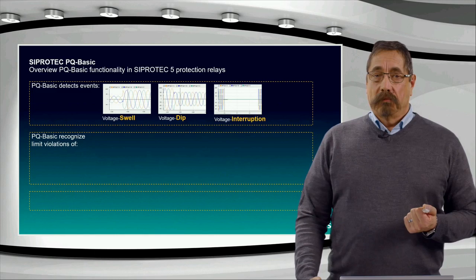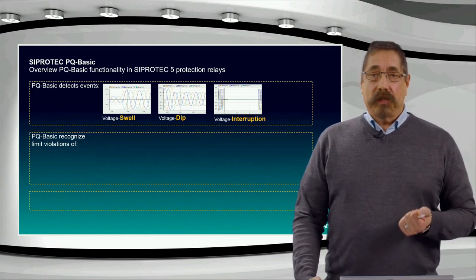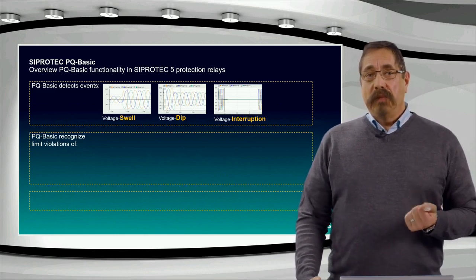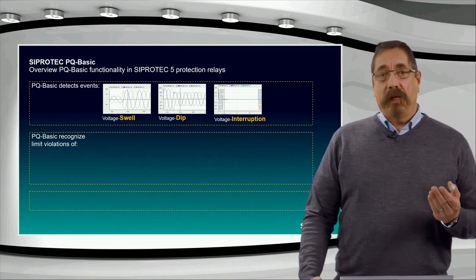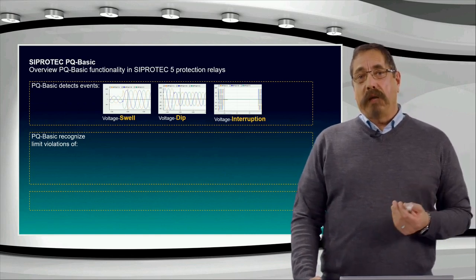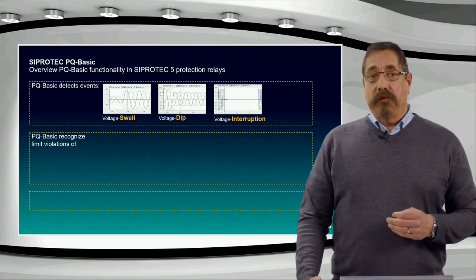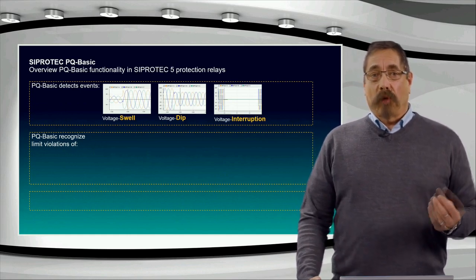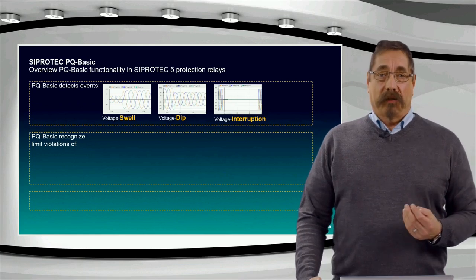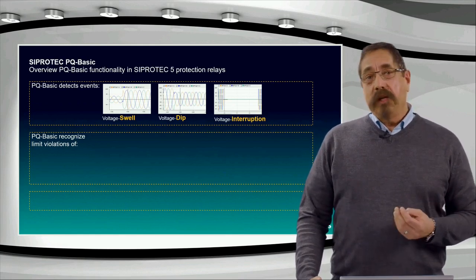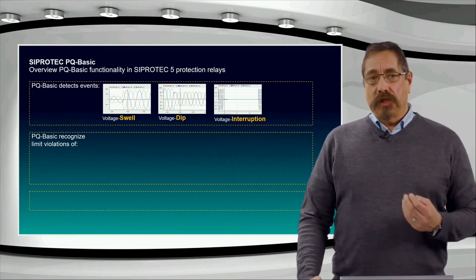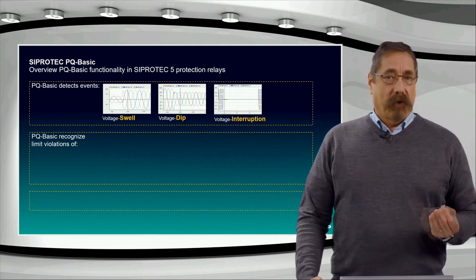Additionally, PQ Basic measures so-called mean values, typically 10-minute measurements over a longer time range, and registers as soon as a limit is violated within a defined timestamp, the so-called observation period. The following three power quality related distortions can be measured and evaluated in PQ Basic.